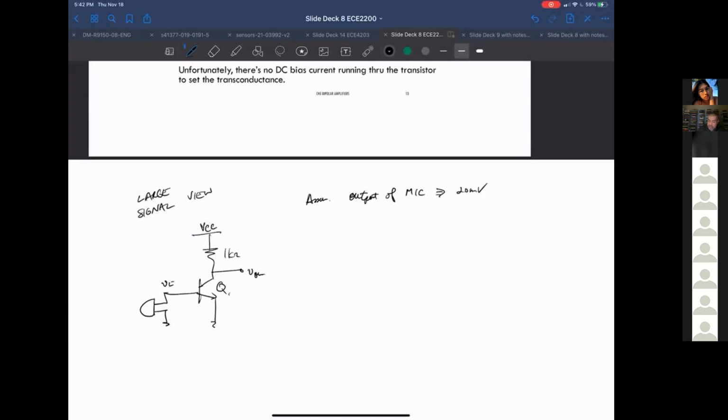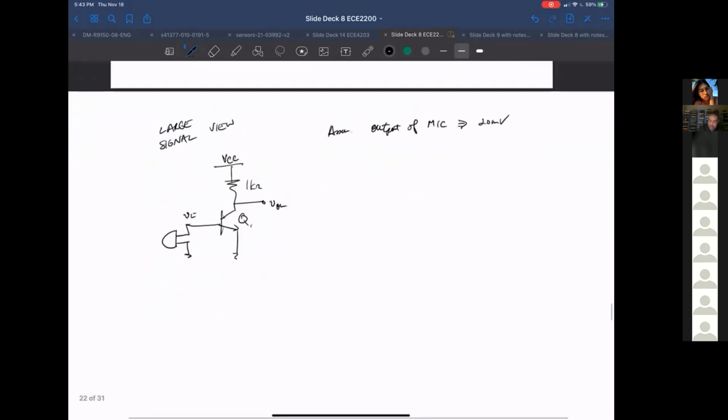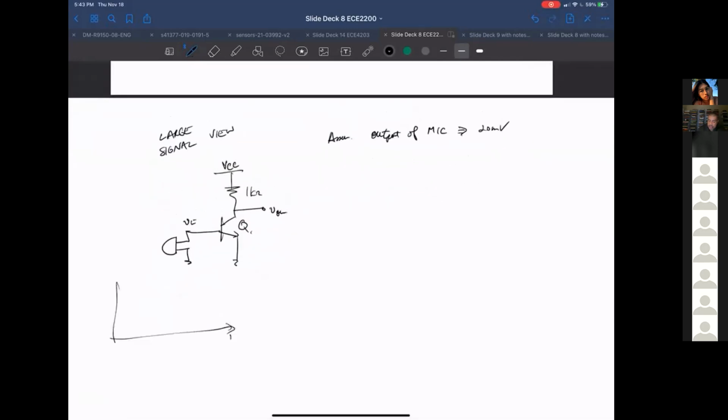Okay, so this is what the microphone is outputting. If I'm speaking into this microphone, with respect to time, it outputs something with a maximum value of 20 millivolts coming out. And I want to amplify that to something bigger out here.